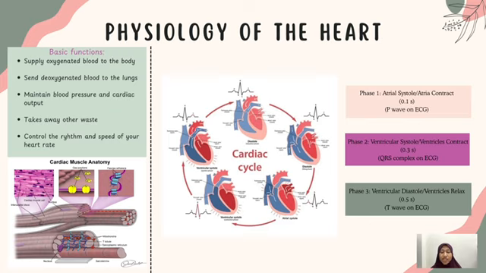Next is ventricular systole, where the ventricles contract to pump blood to the lungs and the rest of the body, and this is represented by the QRS complex on the ECG. And finally, ventricular diastole occurs when the ventricles relax and fill with blood again, and this phase corresponds to the T wave on the ECG. This coordinated cycle allows the heart to pump blood efficiently with every heartbeat.